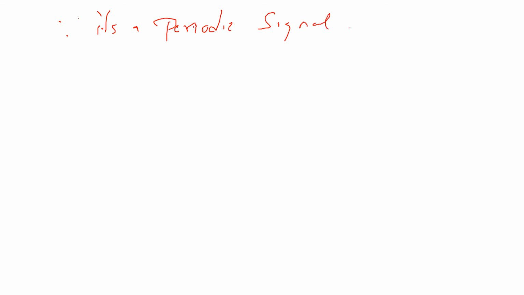Since it's a periodic signal, by that property m into T1 is equal to k into T2, and this should be equal to the total period.